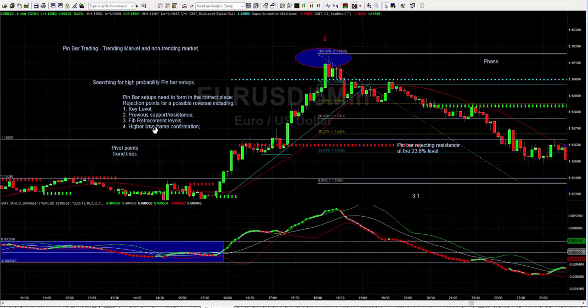If you are trading both TradeStation and MT4, you'll find it's easy to track exactly what we're doing. But that is the pin bar reversal. We'll do more individual isolated setups as far as the continuation, the consolidation and the reversal entry.